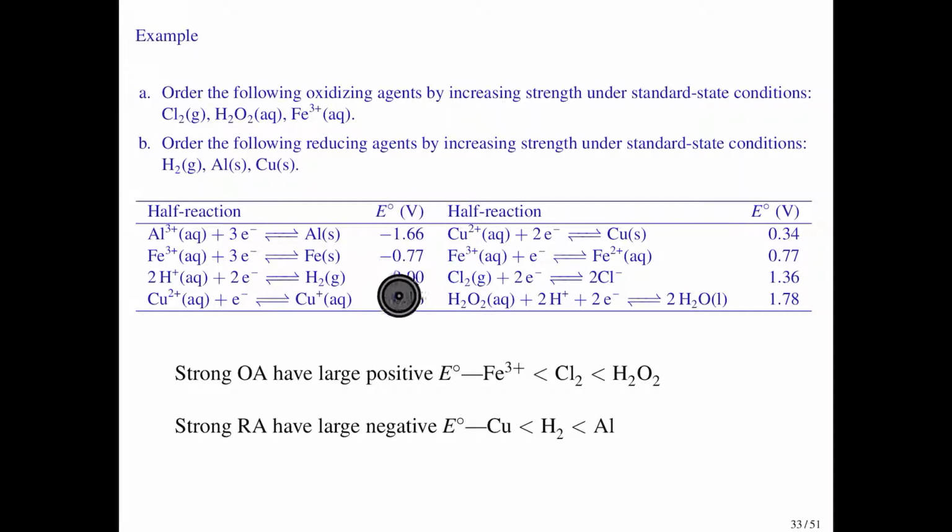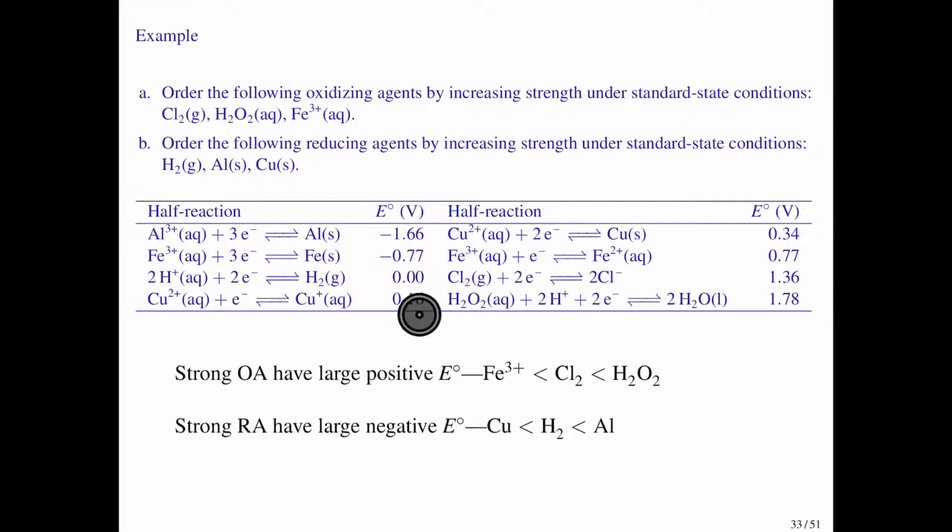And so the oxidizing agents are all on the left. Here we've got peroxide, value of 1.78. We've got chlorine right here, 1.36. And then the iron 3, there's actually two values for that. One is negative, the other is positive. We'll look at the positive one, and we see that it's 0.77.